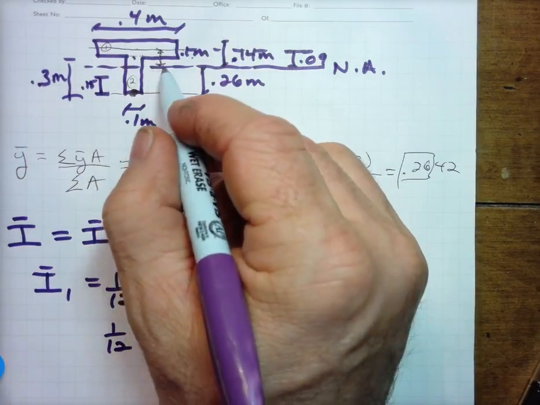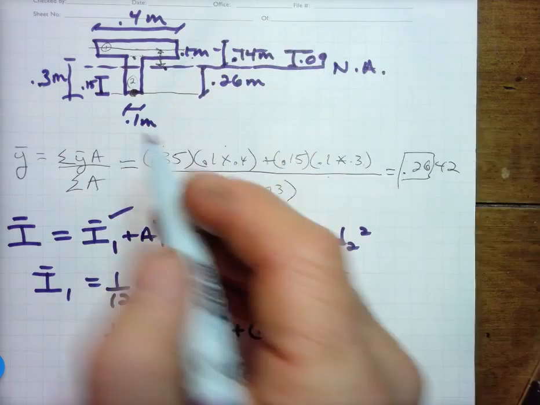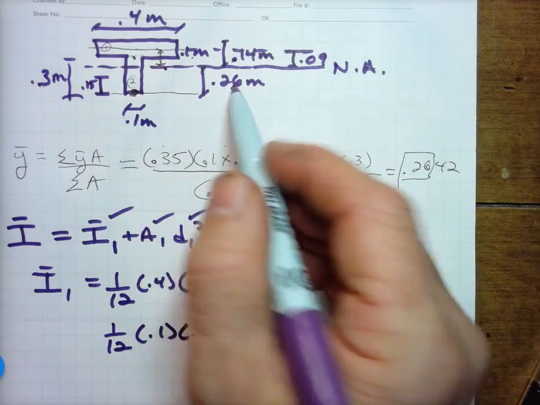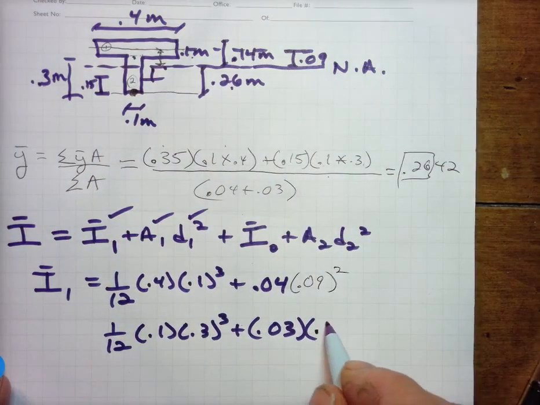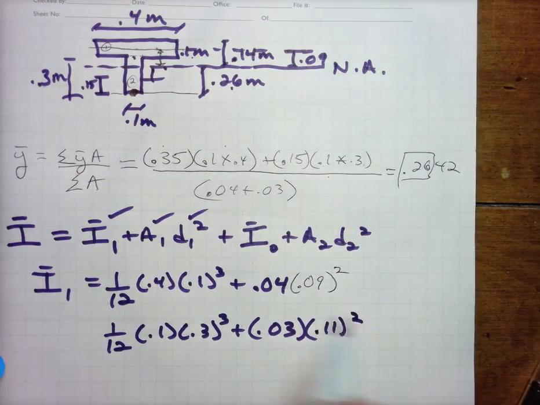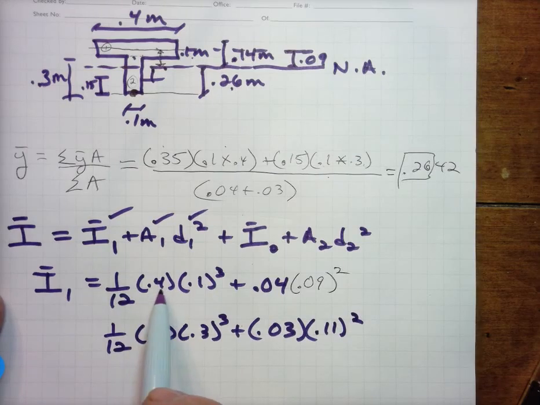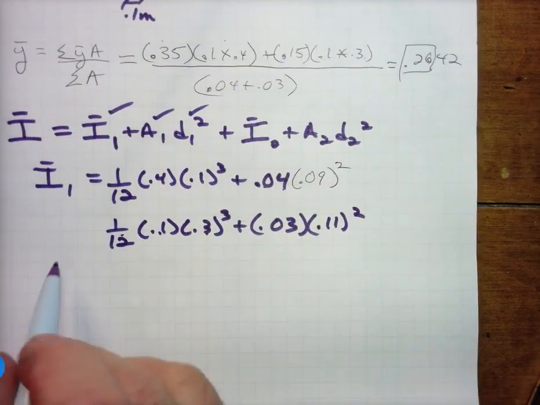And 0.26 is the neutral axis. So from 0.15 to 0.26, that's this distance right here, is 0.11. So I1 is 1/12 times bh cubed plus A d squared, and I2 is 1/12 bh cubed plus A d squared. All right, I think you should do the math.